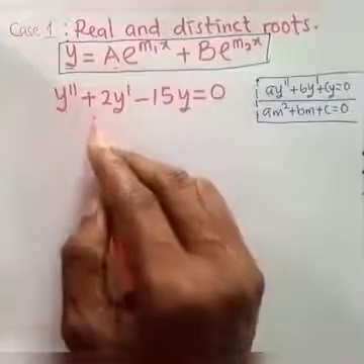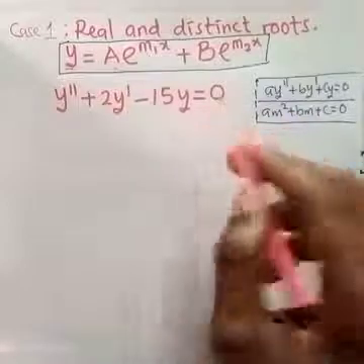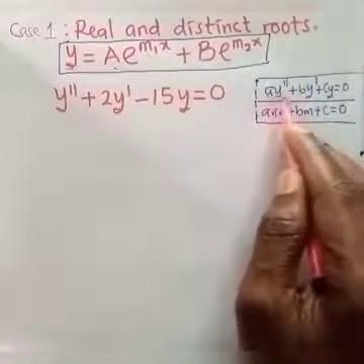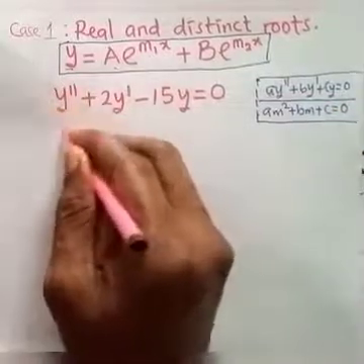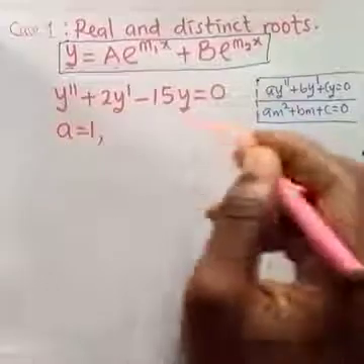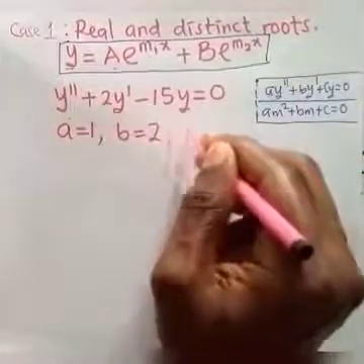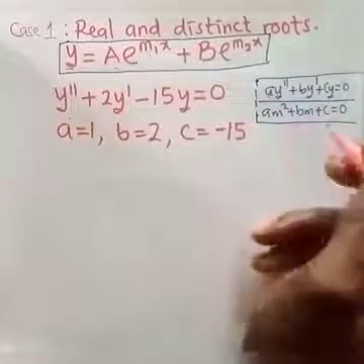Consider y'' + 2y' - 15y = 0. If we compare this equation with the general form of the second order differential equation, we see that a is 1, b is 2, and c is -15.